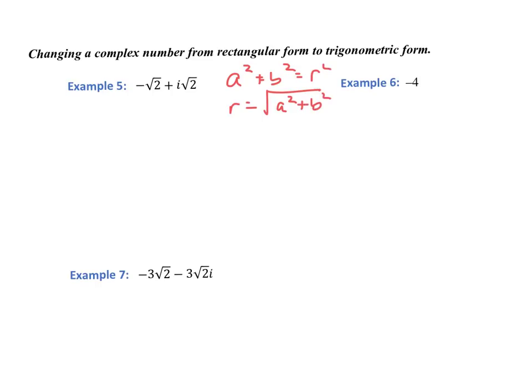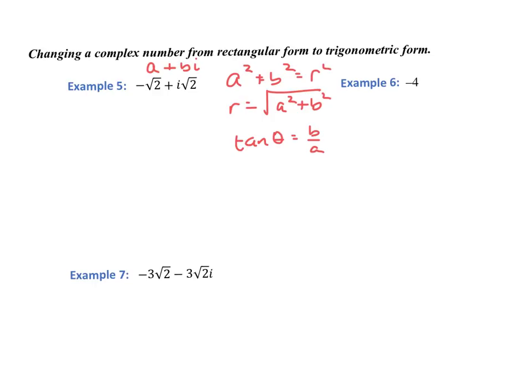The other thing we talked about was, remember how tangent of theta was equal to y over x? Well, tangent of theta is equal to b over a, because b is your y and a is your x.